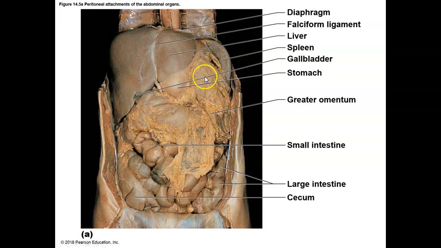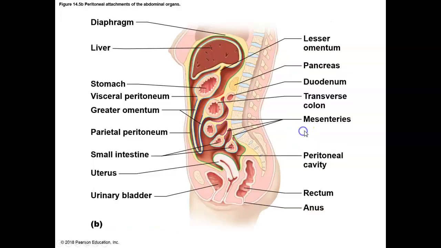Up here, you can see the stomach. The stomach is kind of covered or hugged by the liver over here and the spleen on this side. Here's just a diagram showing that peritoneal membrane.